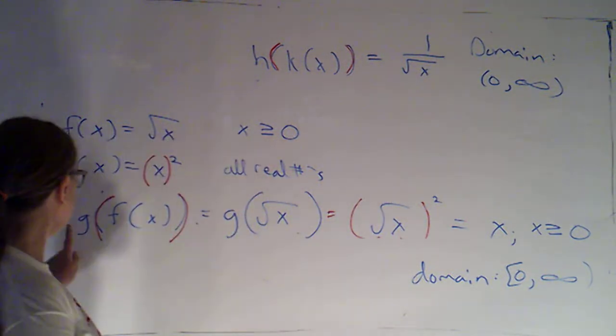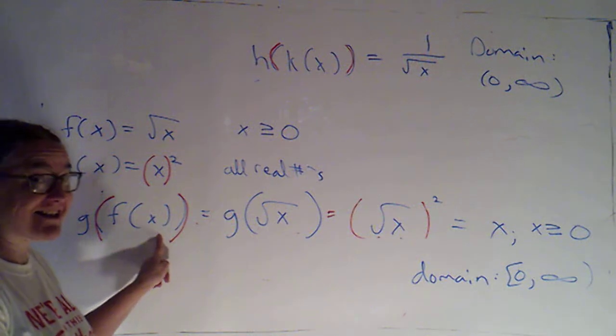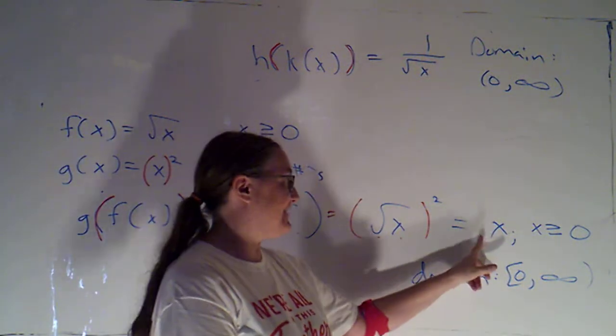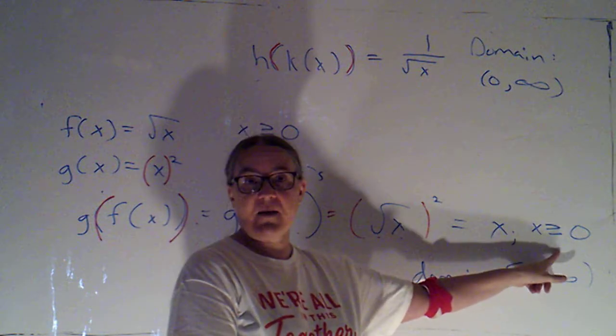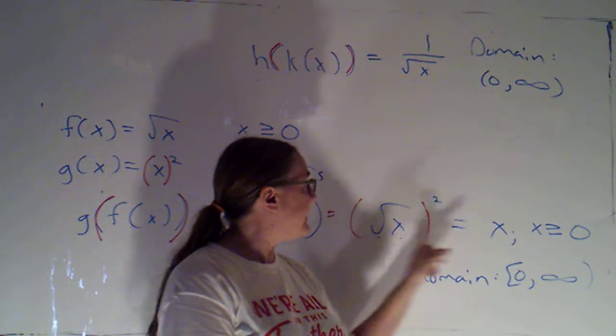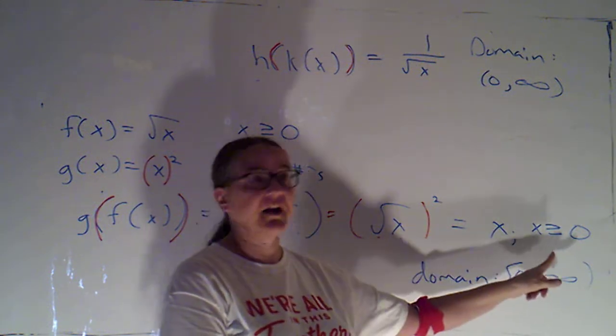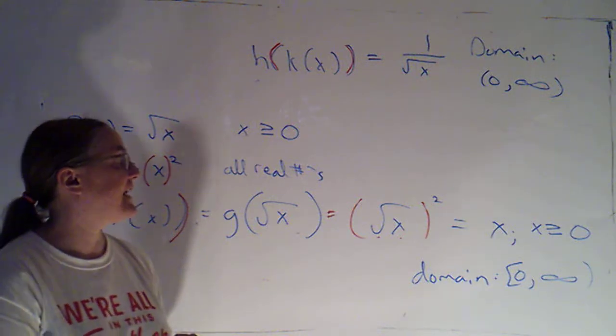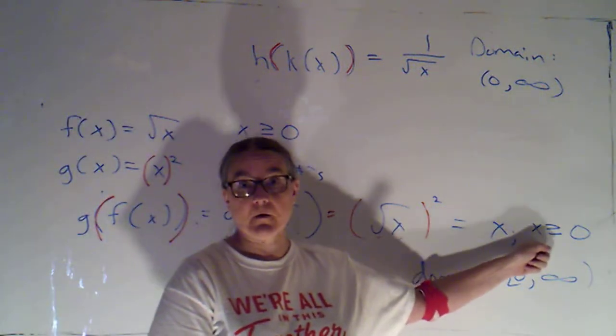But this function, g of f of x, is not the function x with a domain of all real numbers. It's the function x with a restricted domain of non-negative numbers. So do be aware that if in the process of simplifying things, you lose some information about the restrictions on x, it's necessary to record those.